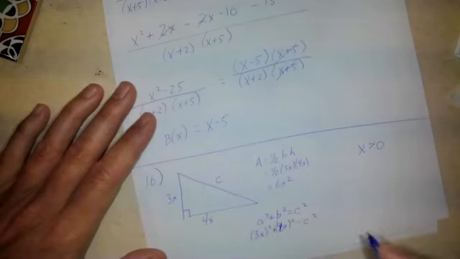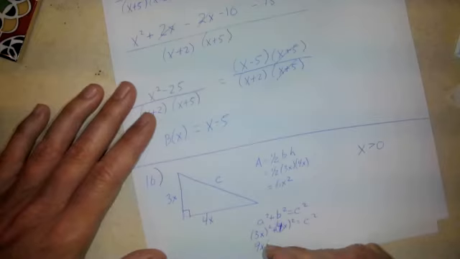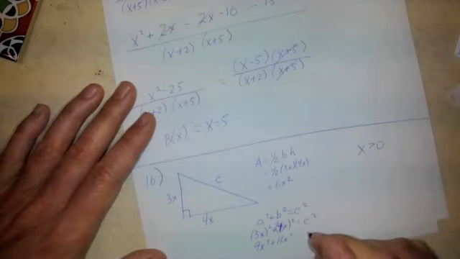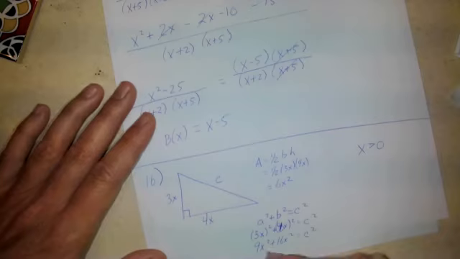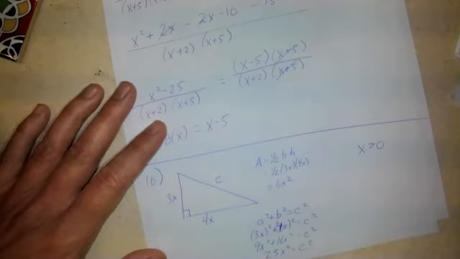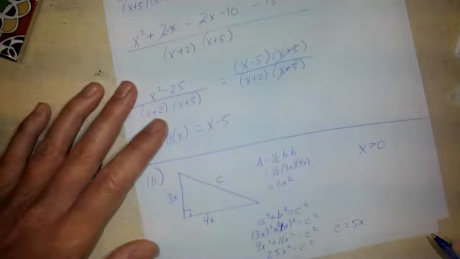That equals the hypotenuse squared. This would be 9x squared plus 16x squared equals c squared. This luckily is 25x squared equals c squared. That's lucky because I can take the square root and I find that c is equal to 5x.